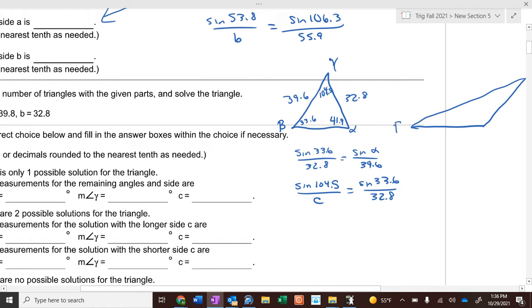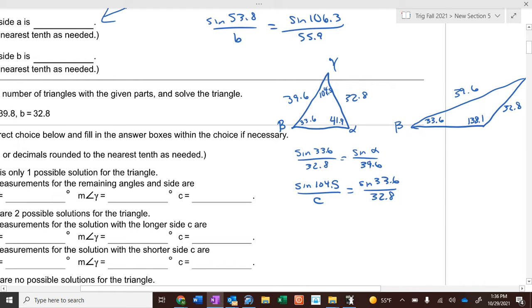You know that beta is 33.6, B is 32.8, this is 39.6. And you take 180 minus 41.9, which is 138.1. And you take 180 minus 138.1 minus 33.6.